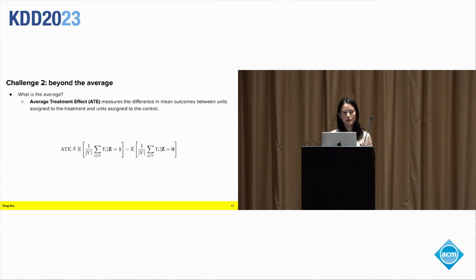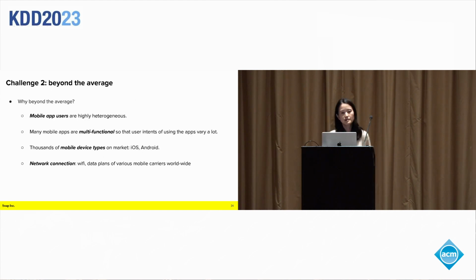When Z is 1, the first part gives the expected average mean outcome of the units in treatment. Similarly, the second part is when Z is 0, there is no treatment, and we get the expected average mean outcome of the units without treatment. Their difference is called the average treatment effect. That's very simple. So then why beyond average?